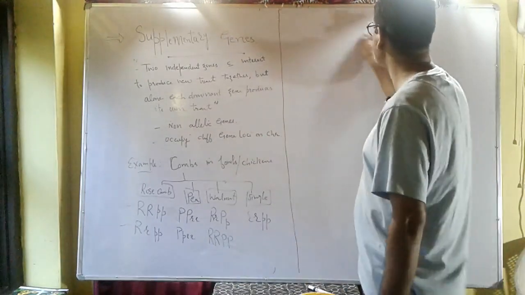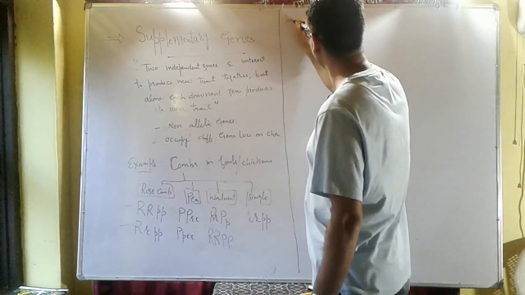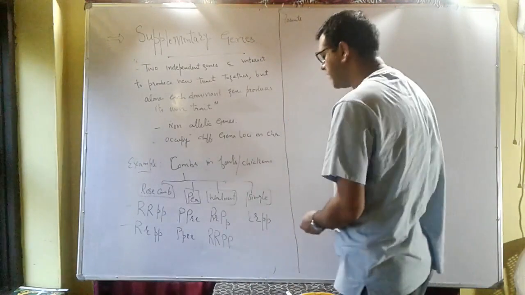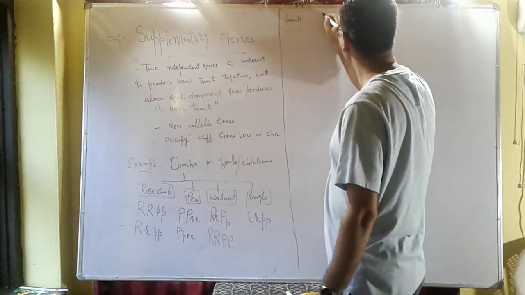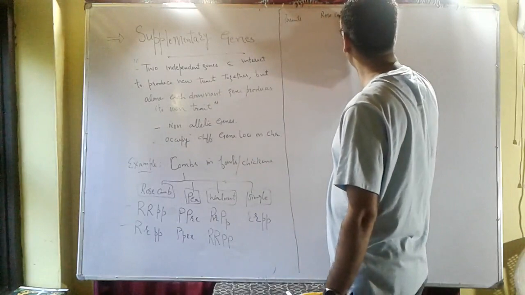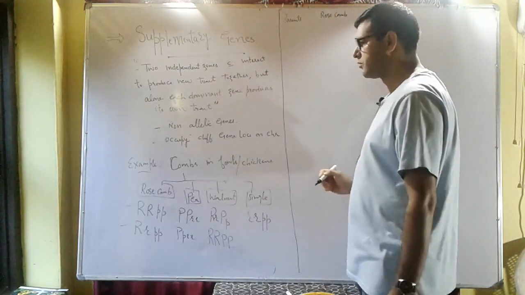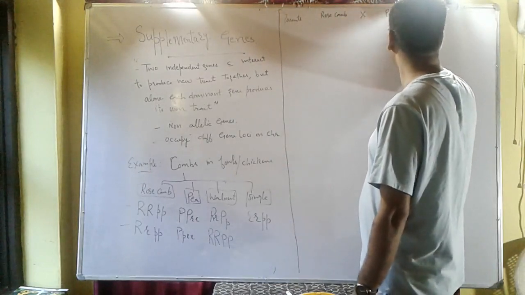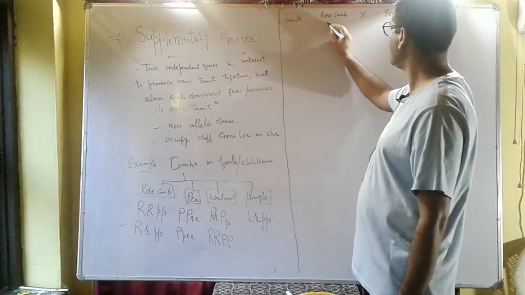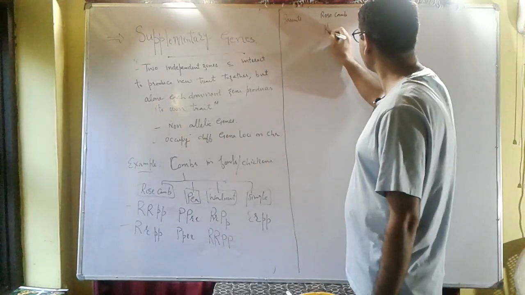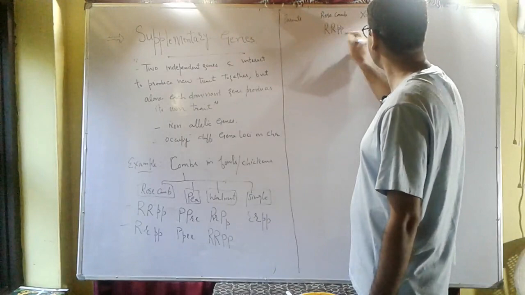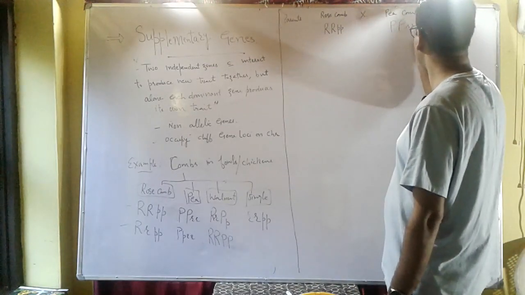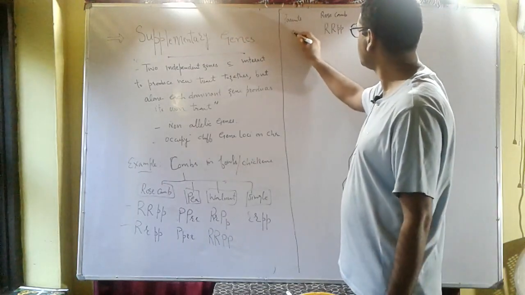We will take parents: rose comb and pea comb chickens. Rose comb chickens will be crossed with pea comb chickens. Obviously the genotype is capital R, small p, and here the genotype is capital P, small r.